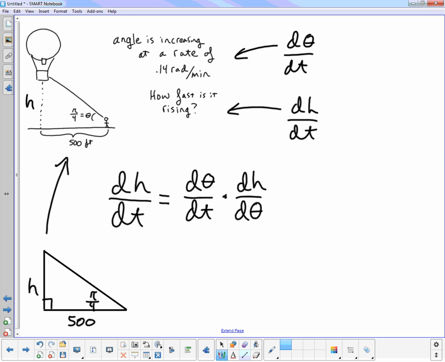So can I use something else? Tangent. We're going to go to our trig functions. Whenever you're mixing lengths and angles, you should be thinking about trig. So from this, the tangent of theta, in this case pi over 4, is opposite over adjacent.